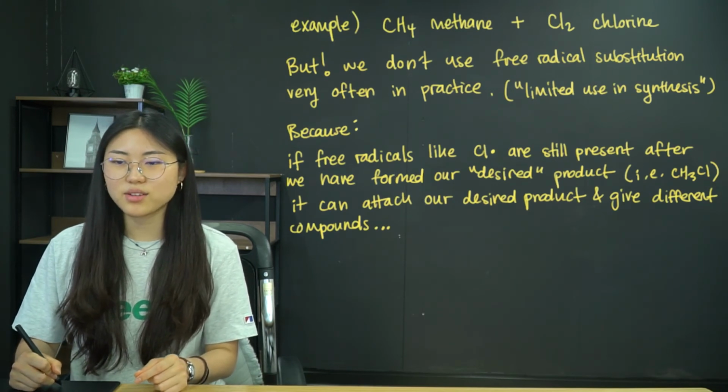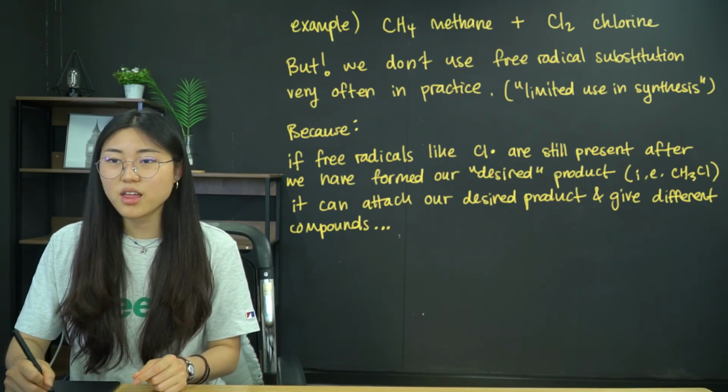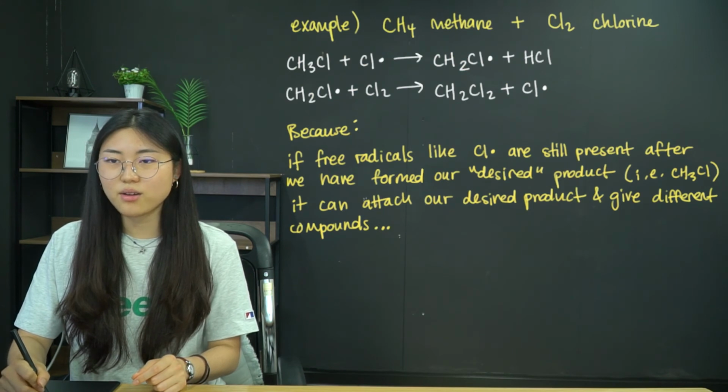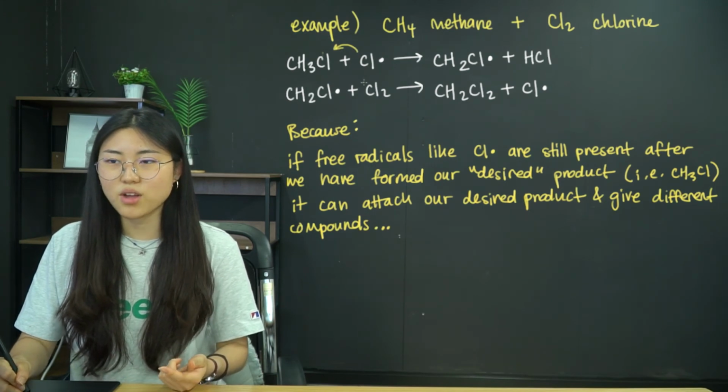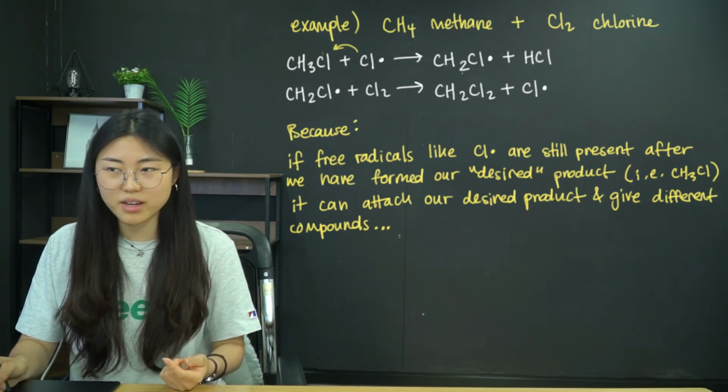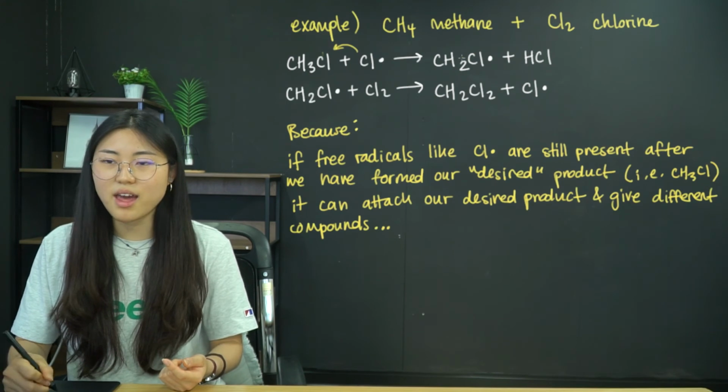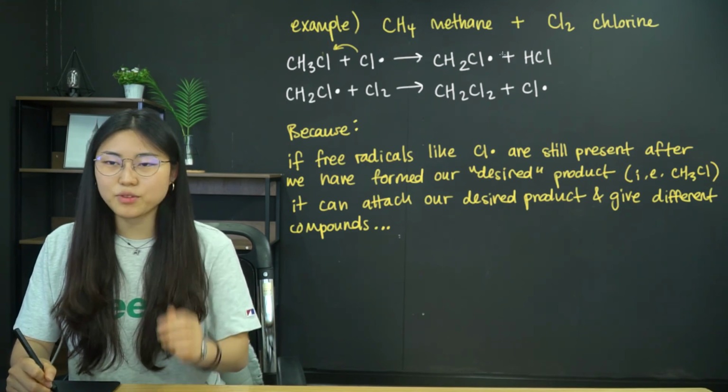Let's see what's happening over here. The chlorine free radical is now attacking my chloromethane, the one that I want, meaning that it's going to knock out another hydrogen and form hydrogen chloride, HCl.